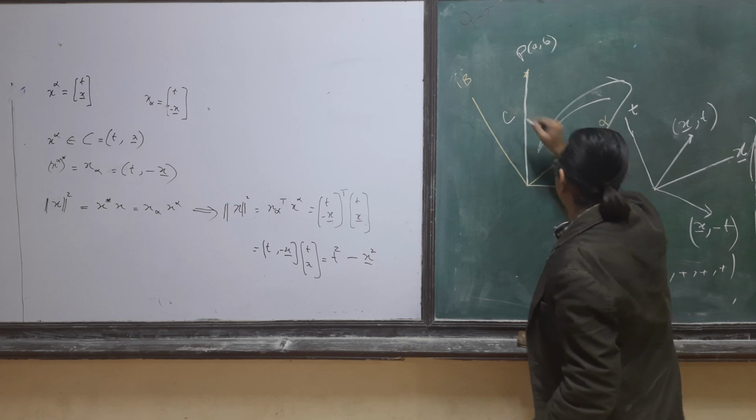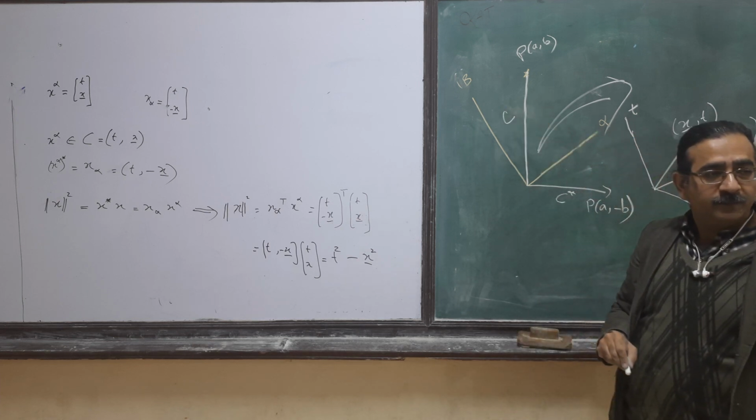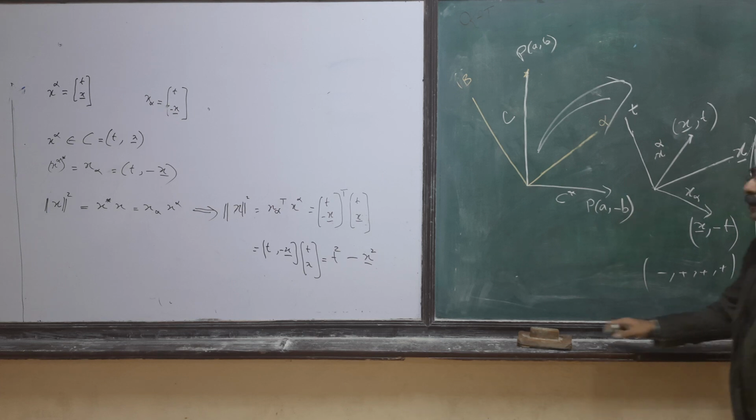This is C, and this is C complex. This is X alpha, and this is its complex conjugate. This is contravariant, this is covariant. Got it?